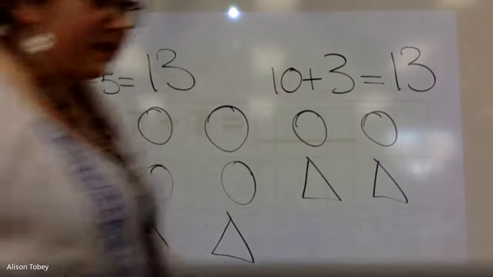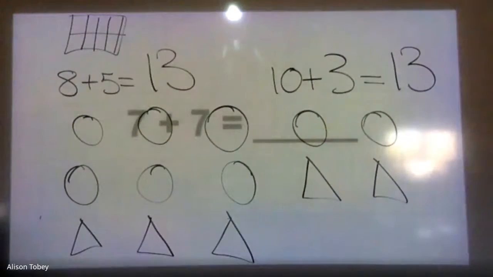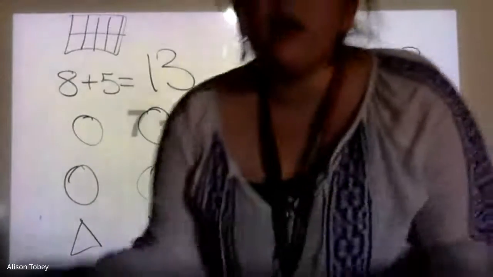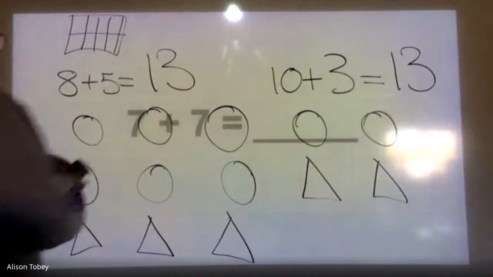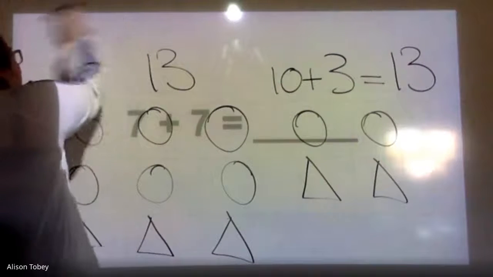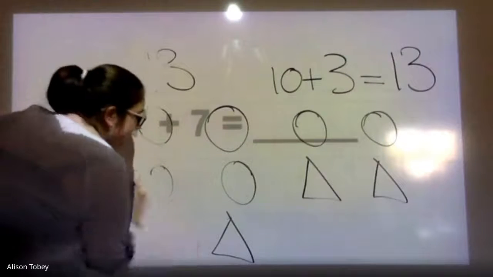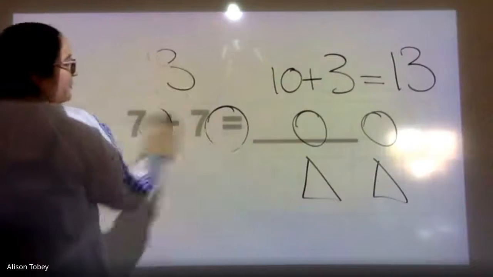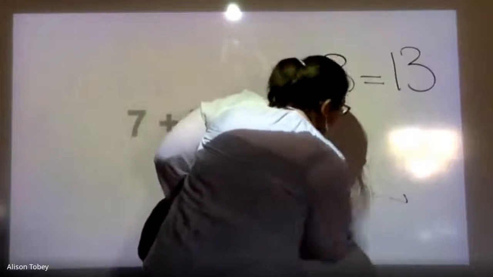All right, here's what we're gonna do. We're gonna practice some number lines. We haven't done those in a while. Okay. Get these shapes off the board, circles, triangles, numbers.